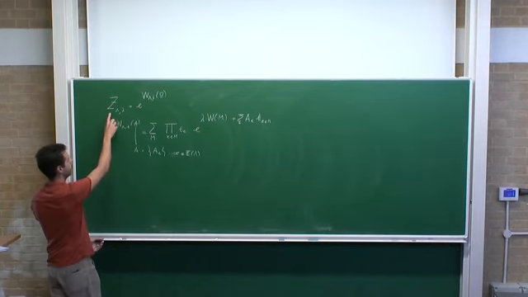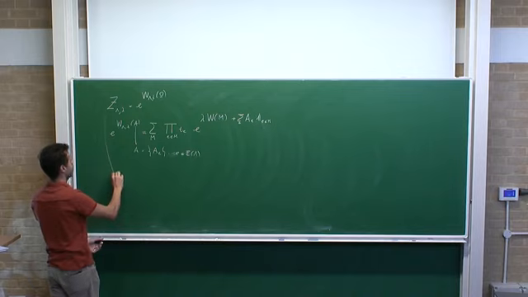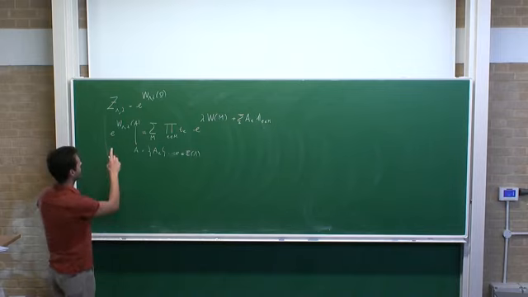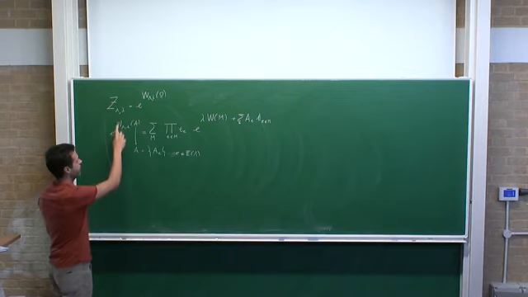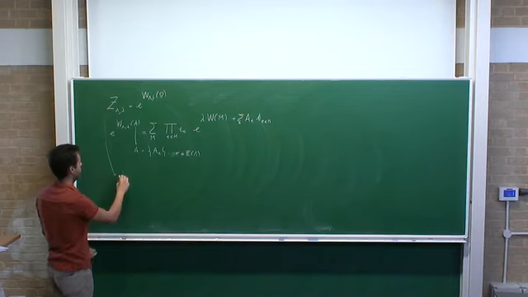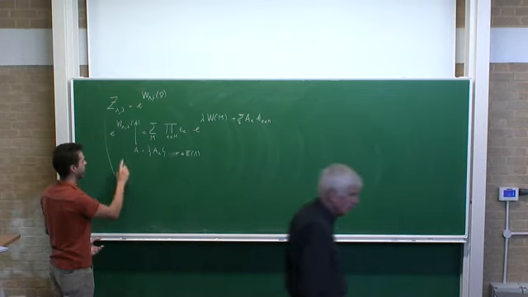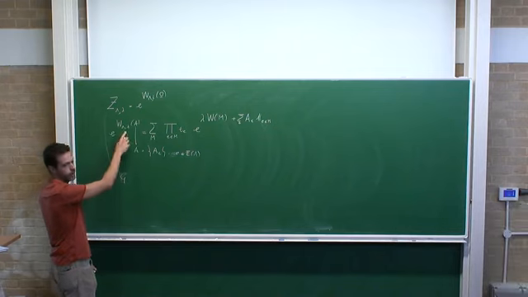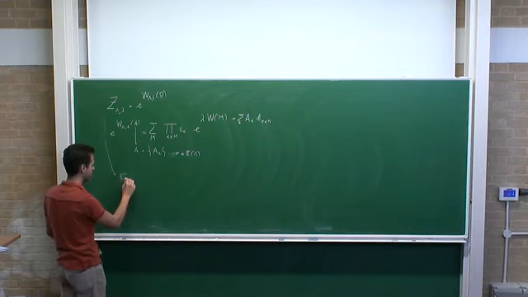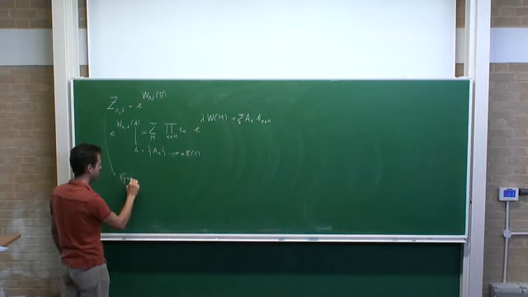Something we did at the end was to give a Grassmann representation for the generating function in the case of no interaction. Let me repeat this.